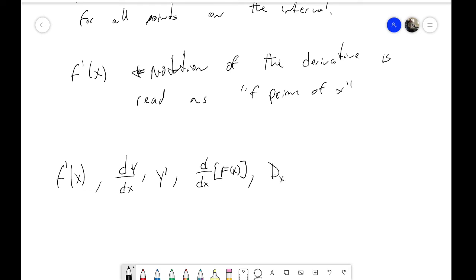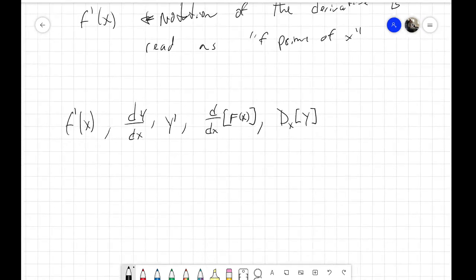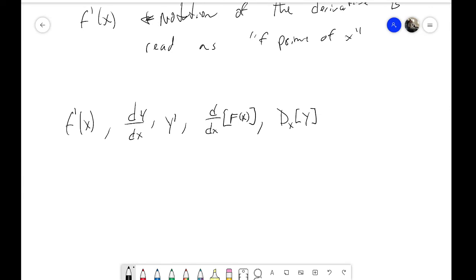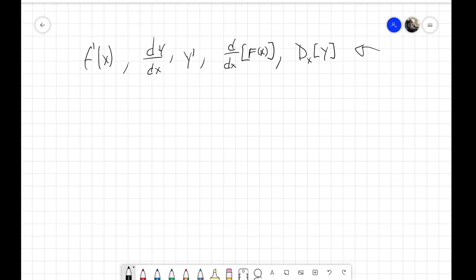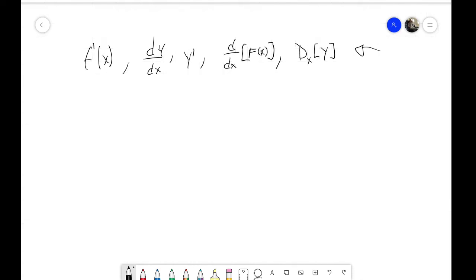And another one that you may not see used, at least by me, often is this, d dx of y. You may see this in your calculus 2 class when discussing the shell method for integration. You may see this notation used because it is useful to express the problem in that way when you get there, if and when you get there.